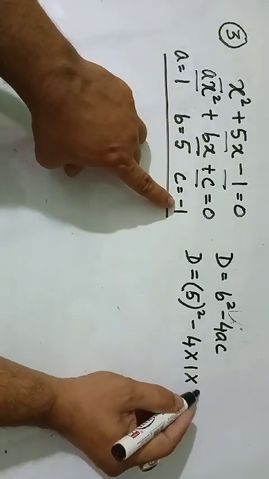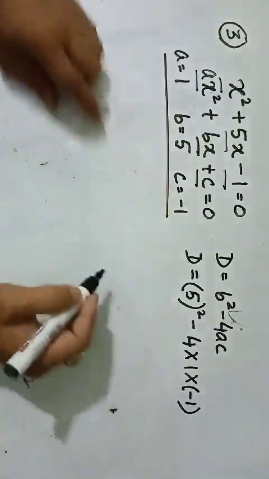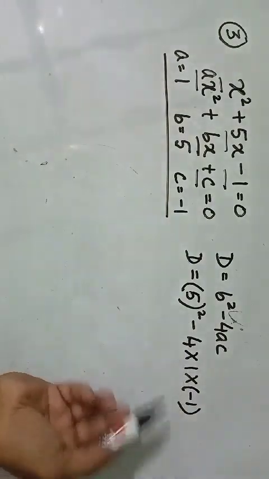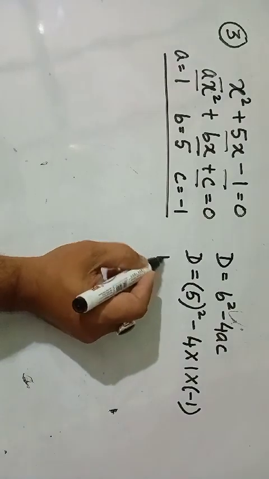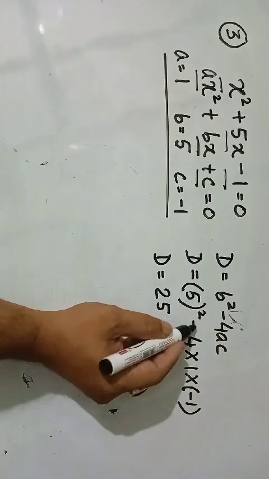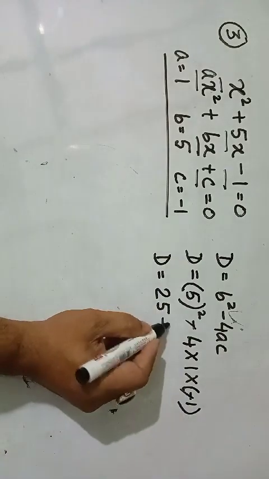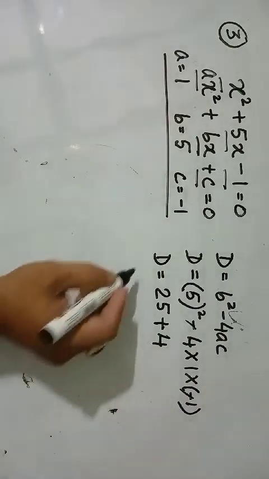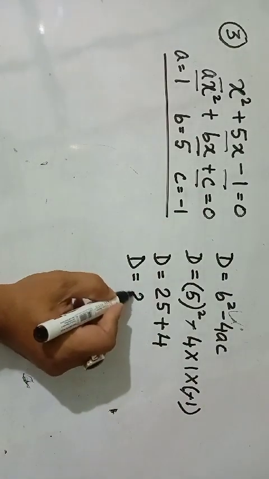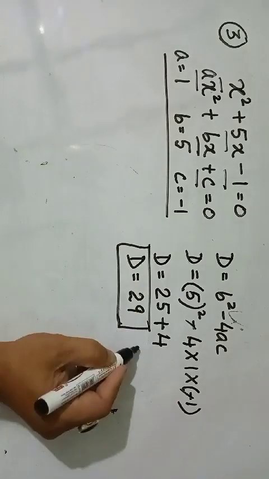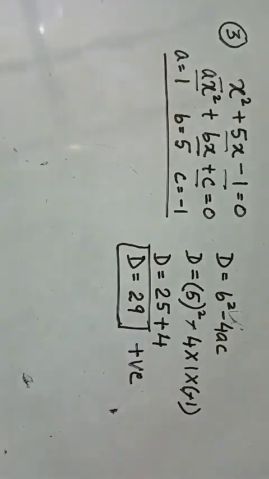So c is minus 1. The reason why I'm writing this in bracket is because minus and minus will get multiplied to become plus. So d is equal to 5 square is 25, minus and minus becomes plus, 4 into 1 into 1 is naturally 4. So you get a d value which is 29, and as you can see children, this time d is plus.